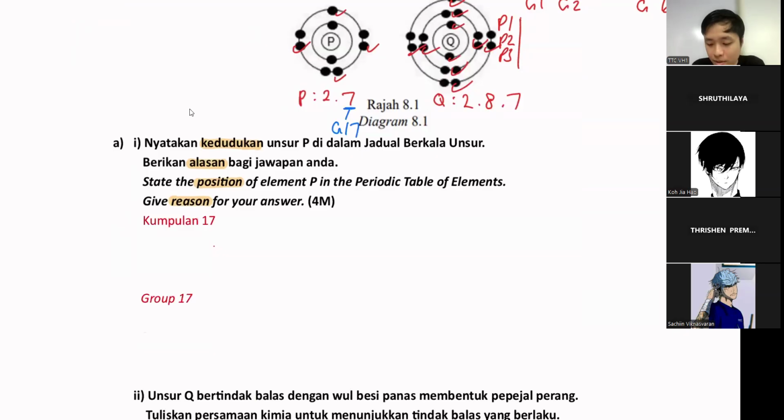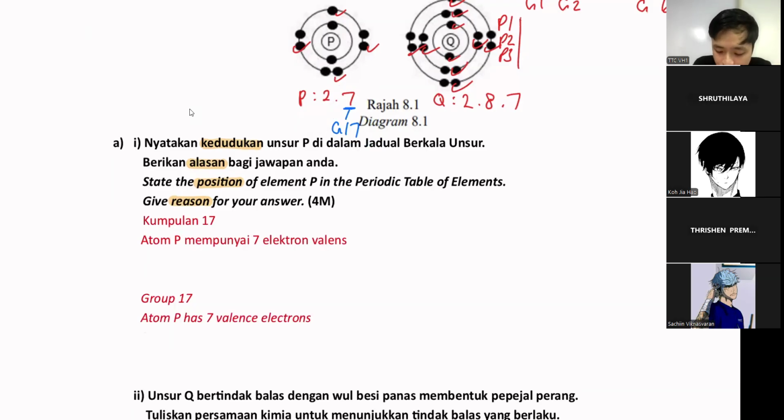Then for period, before that you have to explain why it is group 17. Because atom P has 7 valence electrons. Remember, position talks about what group and what period.